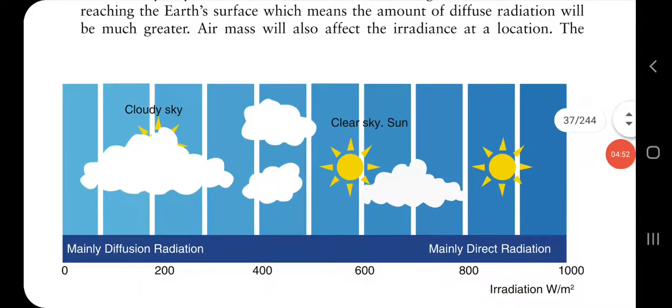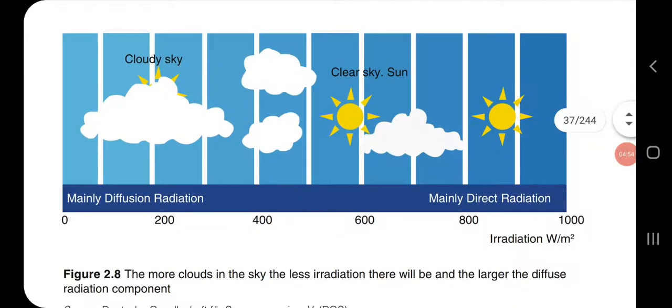This is another diagram which shows the clear sky as well as the cloudy sky. In the cloudy sky, you will be unable to find the radiation, as it either reflects or is absorbed. Whereas in clear skies, more radiation reaches the earth's surface.